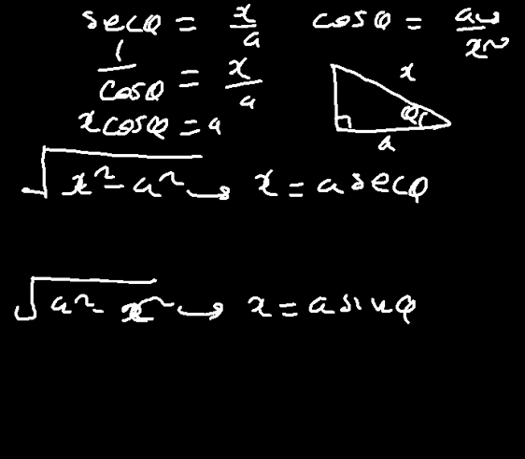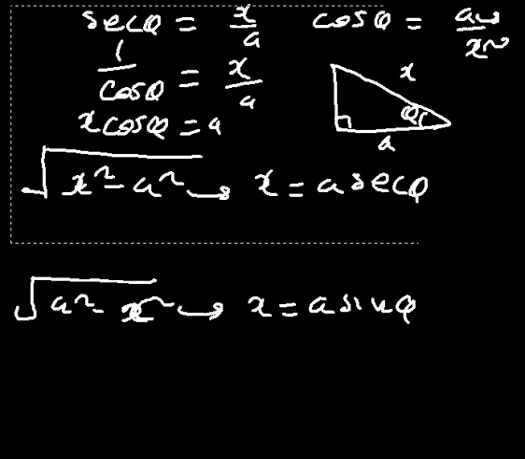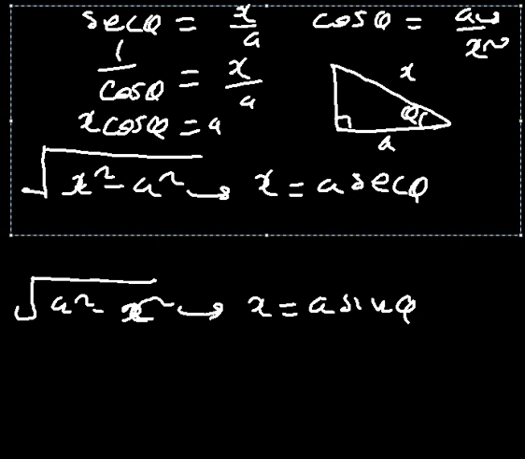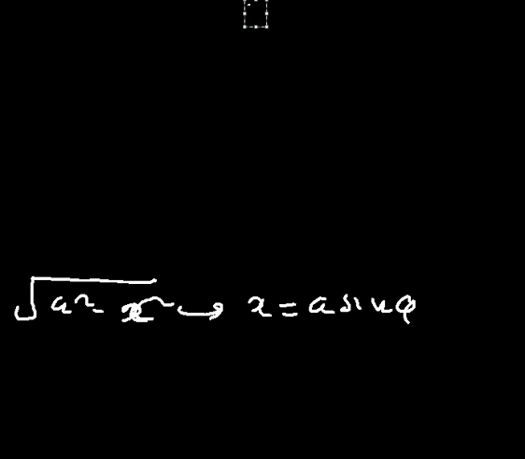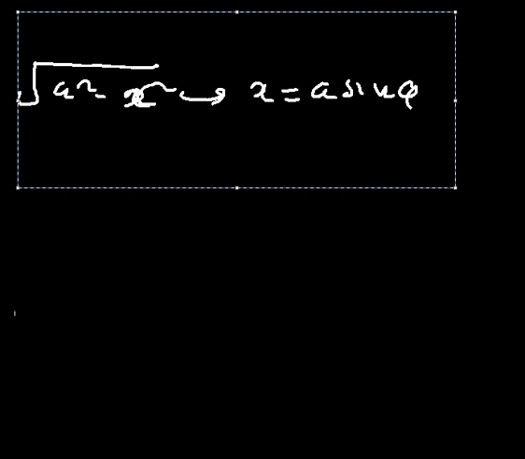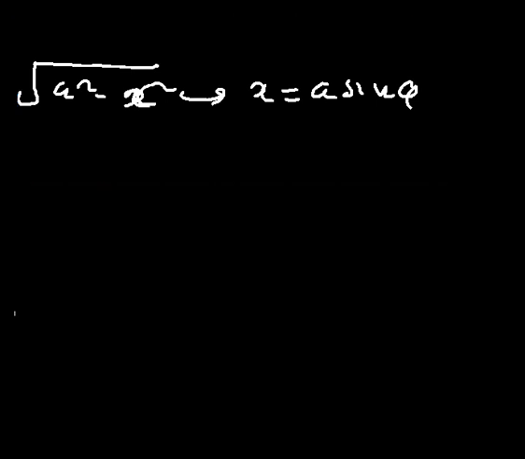Also in the same case, we use the same principle. If we have x is equal to a sin theta, that is the same as sin theta is equal to x over a. This is the opposite and this is the hypotenuse.